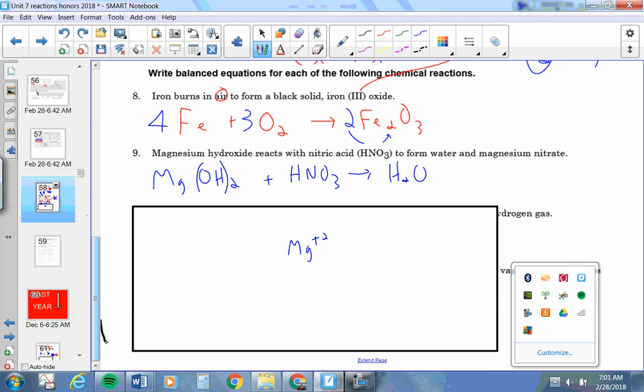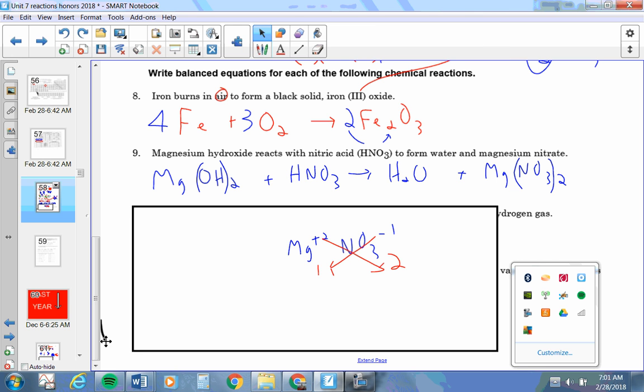There was kind of a hint that was it, but I didn't know its charge, so I went and looked it up. Well, that means we're going to need 2 of those to balance off just 1 of those. So when I write this, I have to write it accordingly: Mg(NO3)2. I need 2 of those, not 32 oxygens, so that's got to be in parentheses. There, it's written correctly. Now I need to balance it.